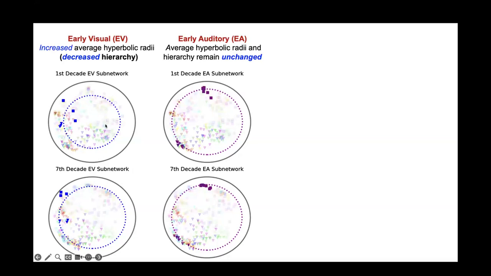We can see the hyperbolic radius increases after the 7th decade. So over aging, the early visual cortex decreases the hierarchy, losing more connections due to some diagnosis. And this is the early auditory. We can see in the hyperbolic space they didn't change that much. Basically remain unchanged between the first age decade and the 7th age decade.